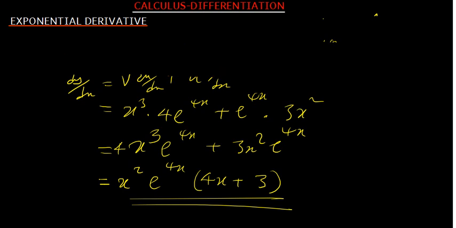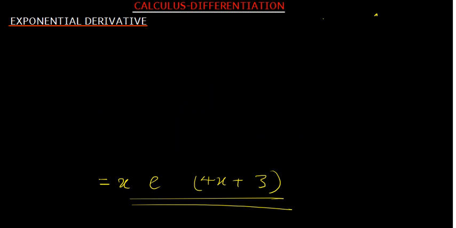Alright, let's consider our last example. We see how we're able to work it out. Say we've been given y is equal to 4 to the power xy. How do we find the derivative for this? So dy over dx is going to be equal to, first find the derivative of the power.